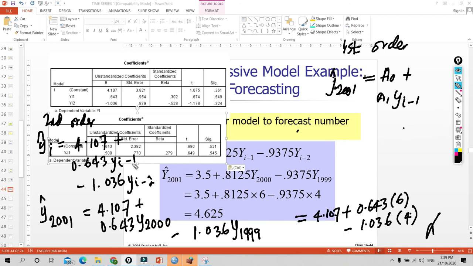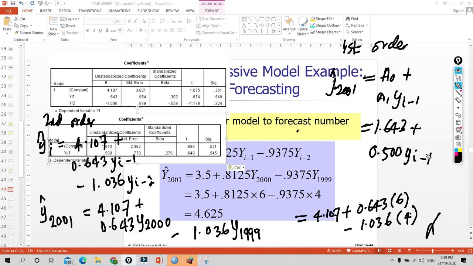1.643 plus a1, which is 0.500, multiplied by yi minus 1.